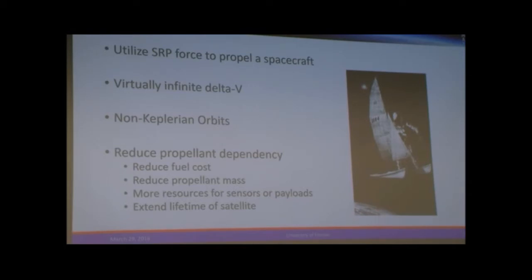Something you couldn't do with traditional fuel and propellants because you would just burn fuel trying to maintain that kind of orbit. So with solar sailing you get reduced fuel costs and reduced propellant mass, which frees up more space on your satellite for more payload and more sensors. And since we're talking about infinite delta V, as long as your satellite's still functional, you have a pretty long-lasting satellite as well.